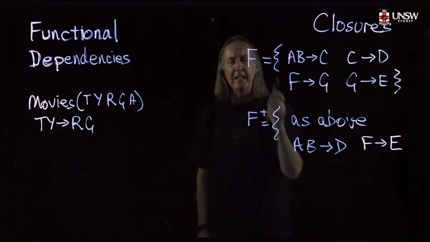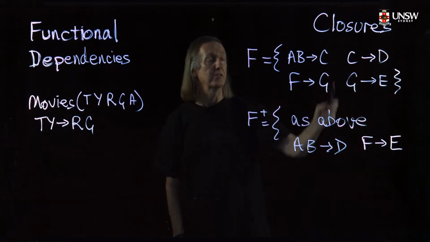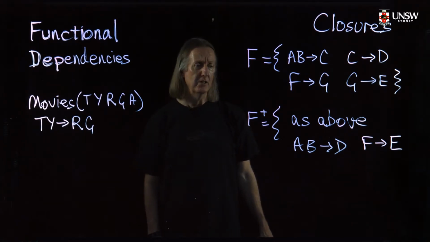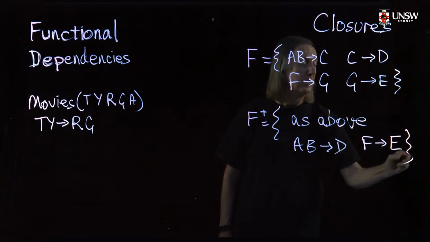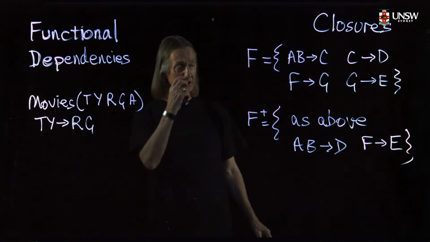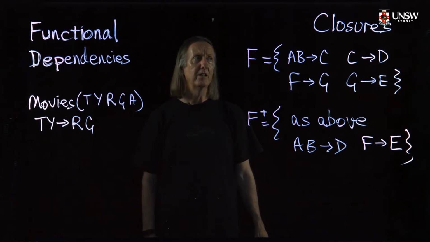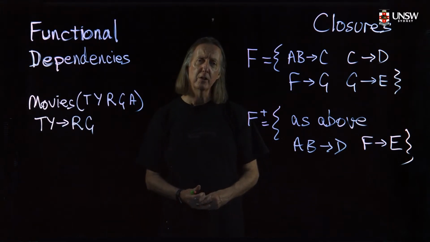Now, any realistic schema is going to have a large number of functional dependencies, and if we try to compute the closure of the set of functional dependencies, it's actually going to end up being extremely large and difficult to deal with.